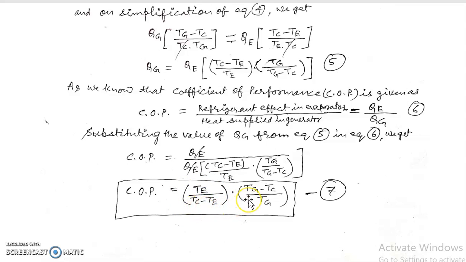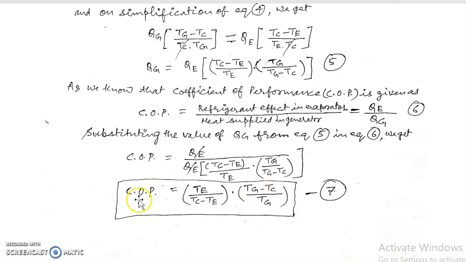The second term is TG minus TC over TG, and this is recalled as the efficiency of a Carnot heat engine working between TG and TC.